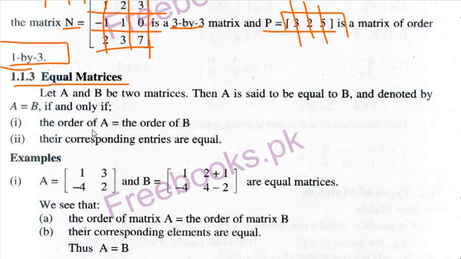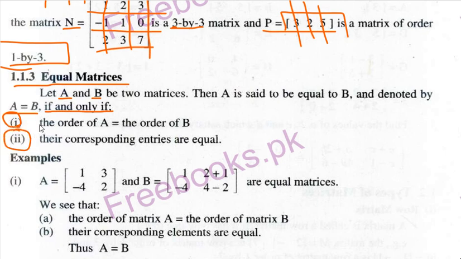What are equal matrices? Let A and B be two matrices. Then A is said to be equal to B, denoted by A = B, if and only if two conditions are satisfied.